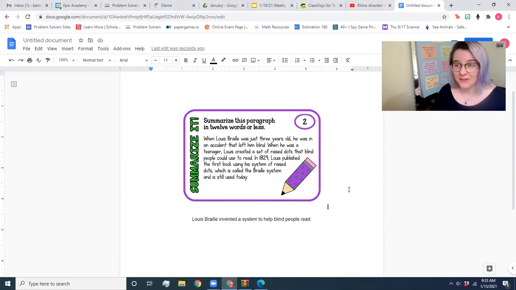And now it doesn't give all the details about his life and why he invented it, but I extracted the main idea. The main point of the paragraph was, this is his name, this is what he invented.